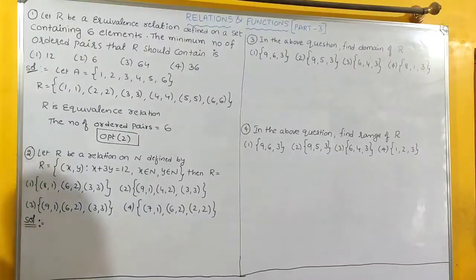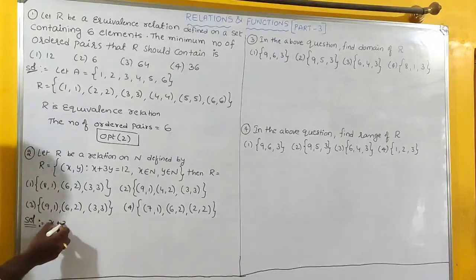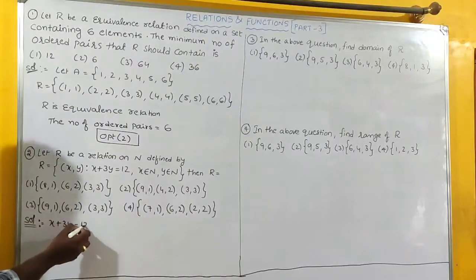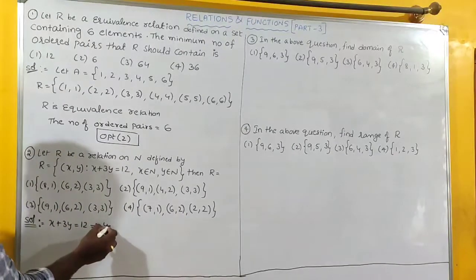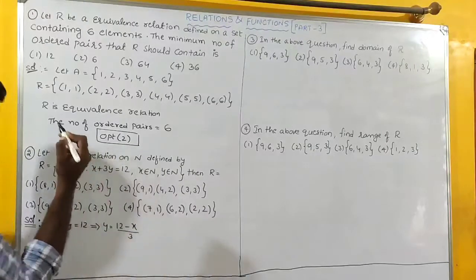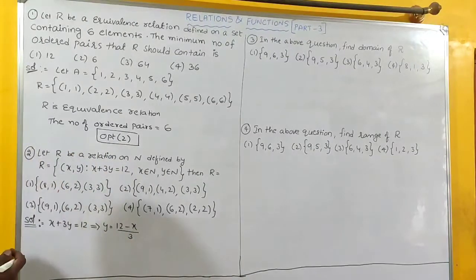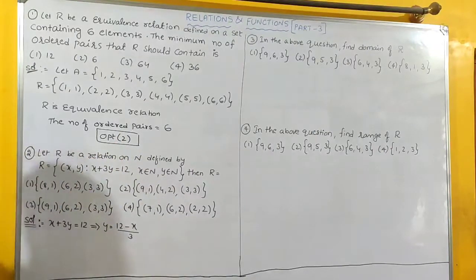Now (x, y) such that x plus 3y equals 12. If x plus 3y equals 12, then I can write y equals (12 minus x) by 3. But this is a relation on which numbers? Natural numbers.